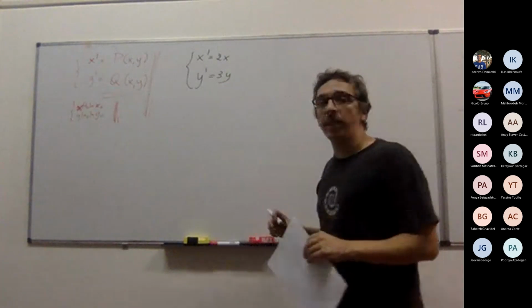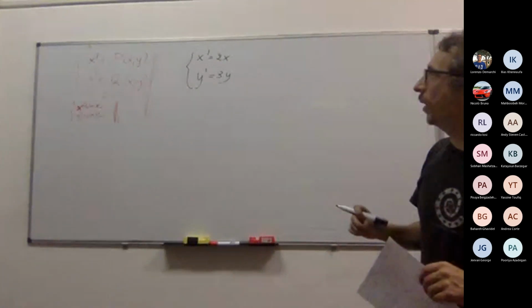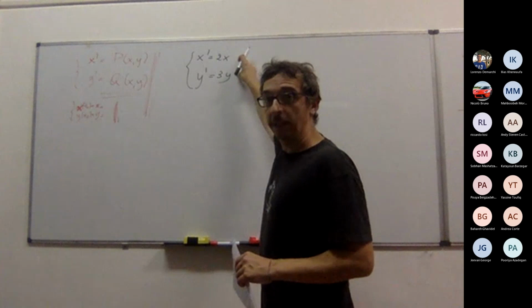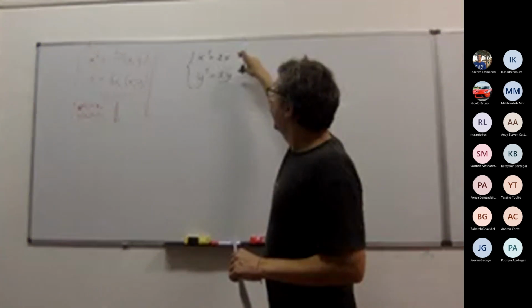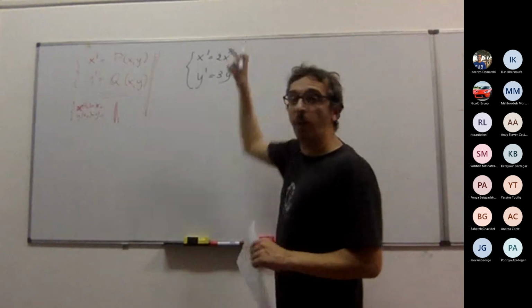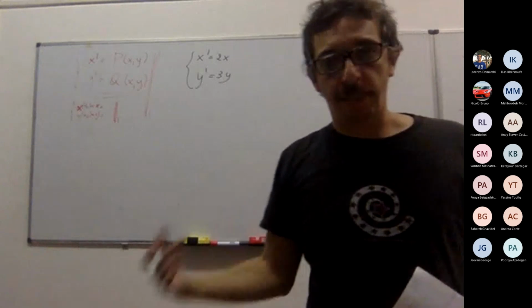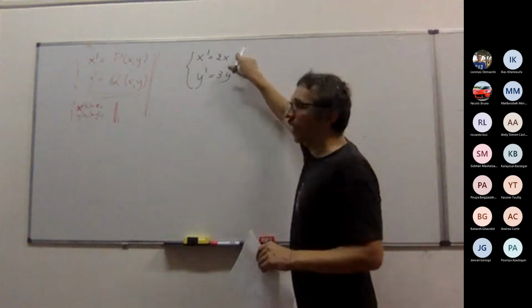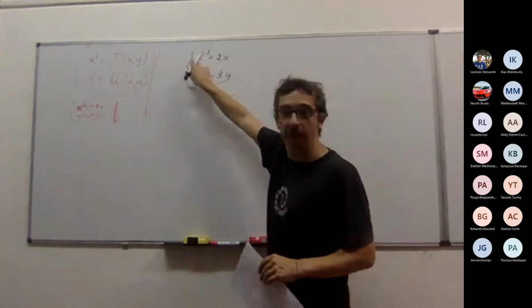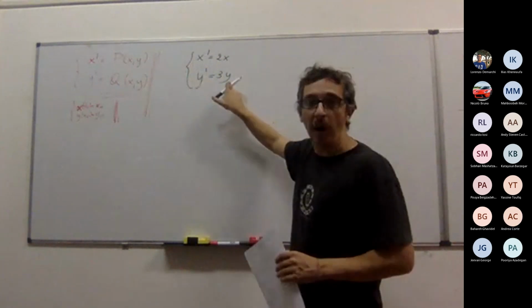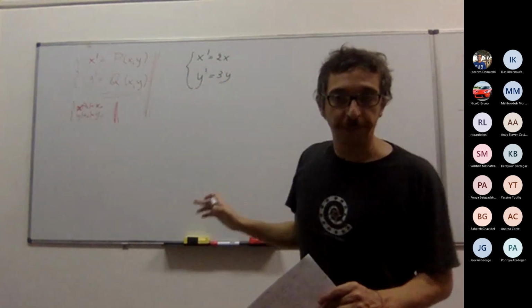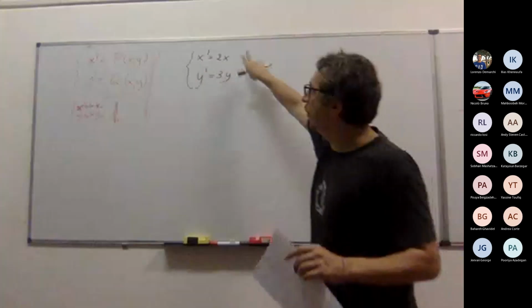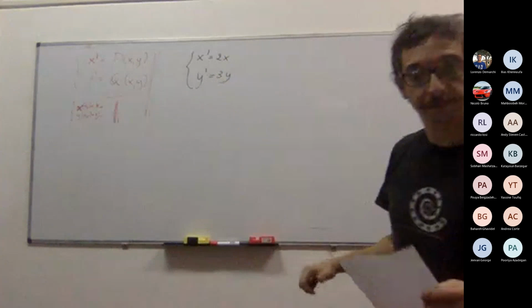There is something interesting about this system, which is the following. If you look carefully at the equations, you can see that these two equations are not coupled, right? So in the first equation, there is just x and x prime. And in the second equation, there is just y and y prime. You do not have a mix of x and y in these two equations.